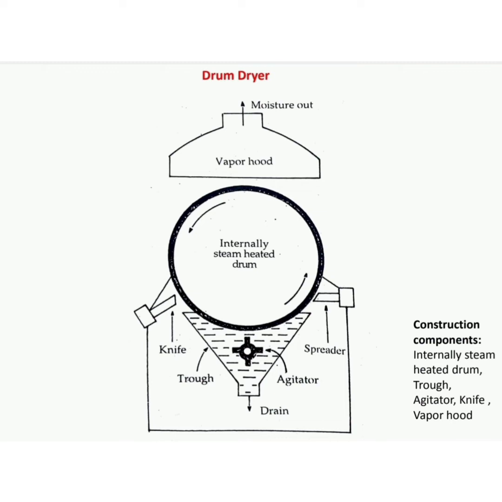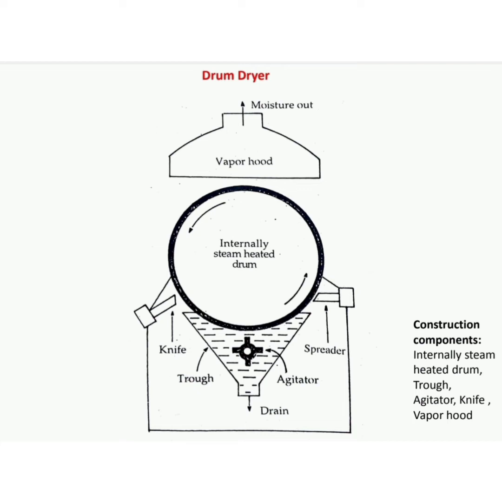An agitator is provided in the trough to avoid settling of solids. A spreader is fitted on one side for regulating the thickness of the film of substance and a knife is fitted at the other side to scrape the dried material. A vapor hood is also provided at the top of the drum for collection and removal of moisture.